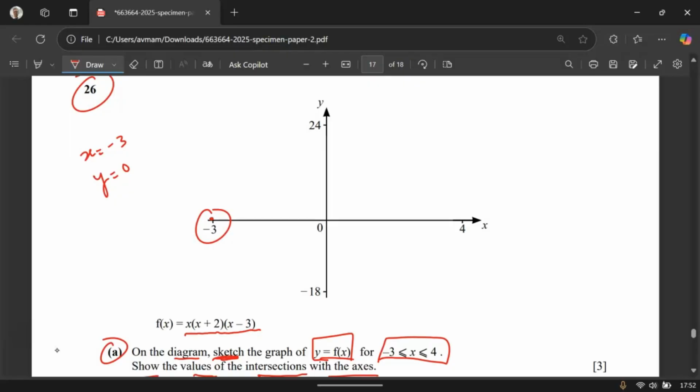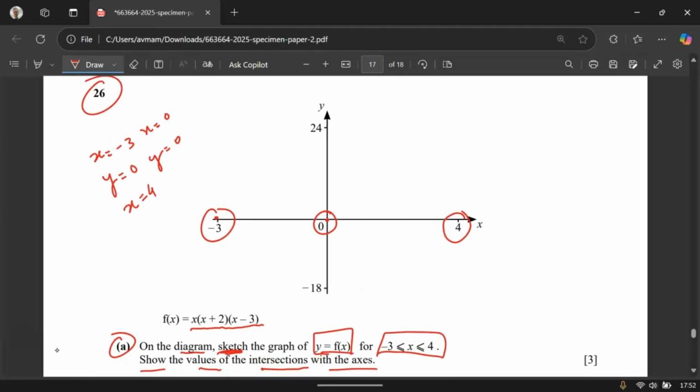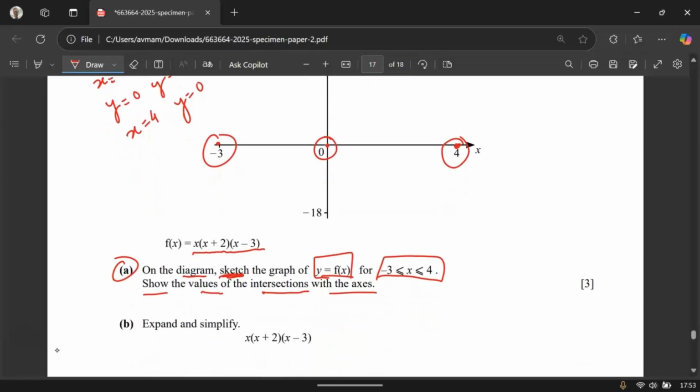If you look at x equal to 0 at the origin, y is equal to 0 when x is 0. Let's take a last point over here. When x is 4, then the y coordinate is still 0. So let's say y is equal to 0.